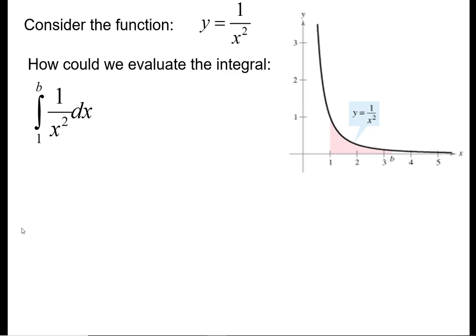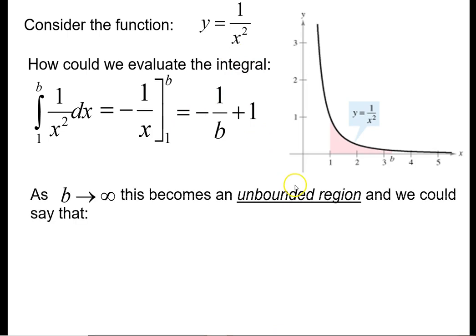Remember the fundamental theorem: we would find the antiderivative, which would be negative 1 over x using the power rule. Then we would evaluate it at the upper limit minus the lower limit. So that would be negative 1 over b minus a negative 1, so plus 1. The area under this curve from 1 to some number b would be recognized by this expression.